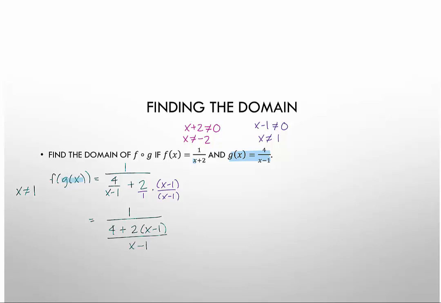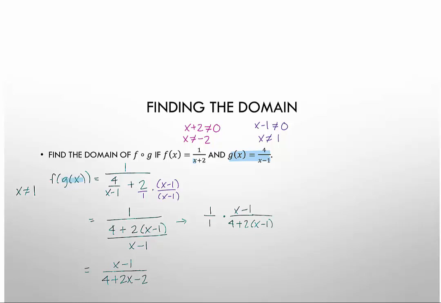If I have a fraction in the denominator, what I'm really doing is multiplying by the reciprocal. So what I'm really looking at is x minus 1 over 4 plus, and I'm just going to multiply that out, 2x minus 2. How I got that was I knew this was 1 over 1, and I'm multiplying by the reciprocal of this.